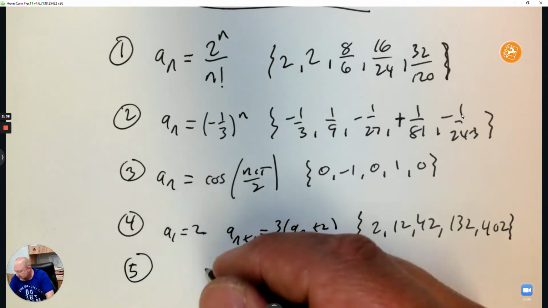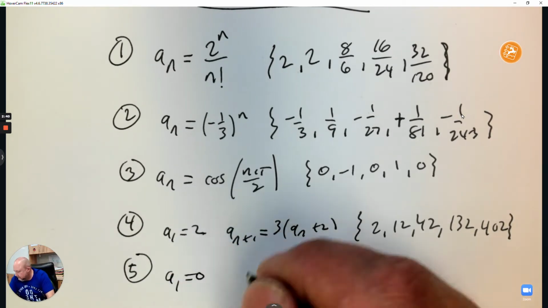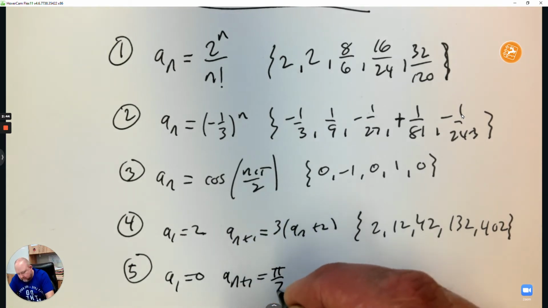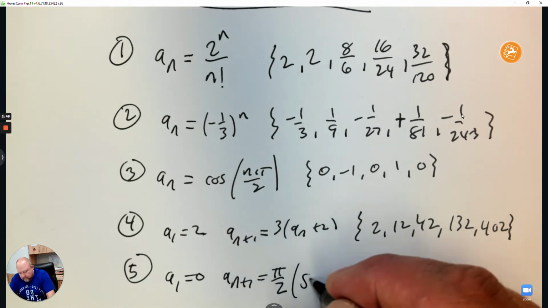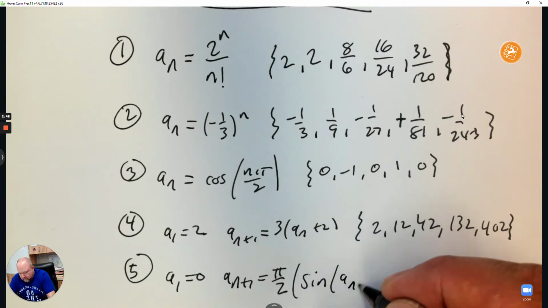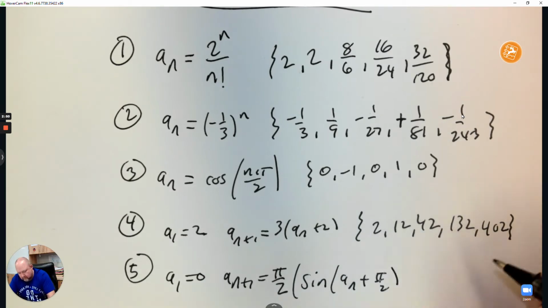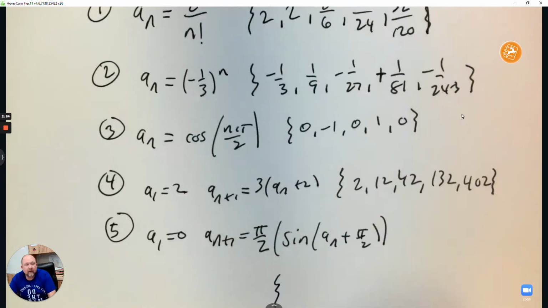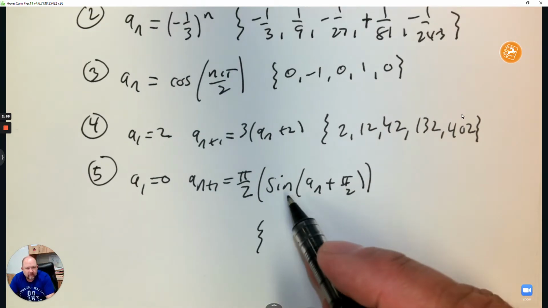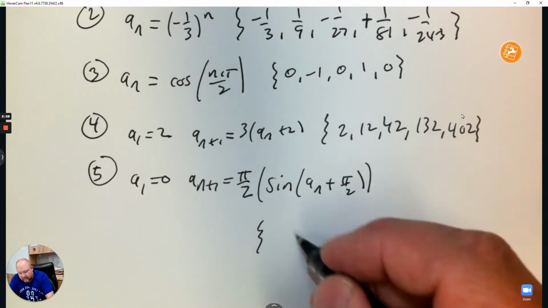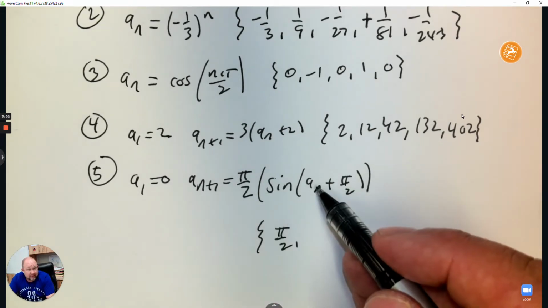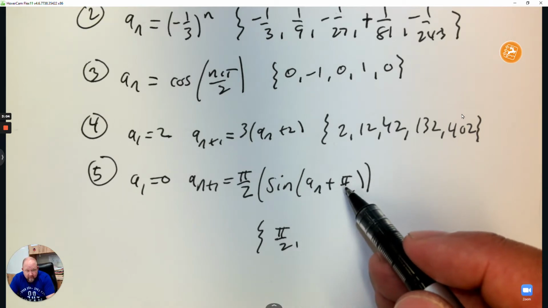Number 5. Alright, so we'll start with 0. So sine pi over 2 is 1, and 1 times pi over 2 is pi over 2. Now we plug in pi over 2, and pi over 2 plus pi over 2 is pi.